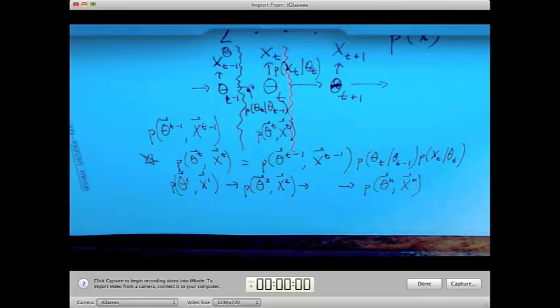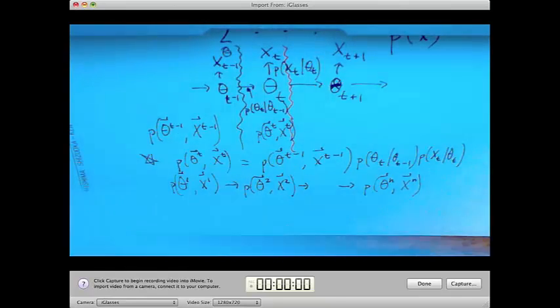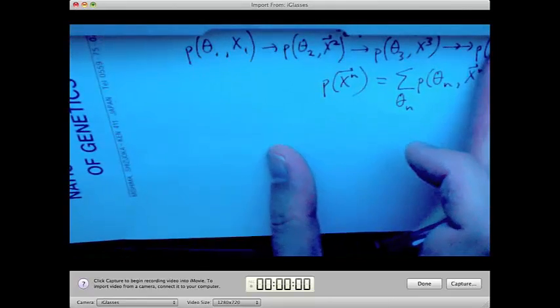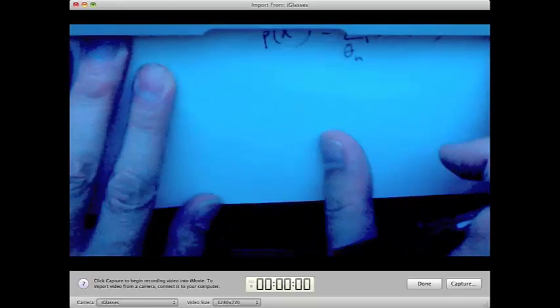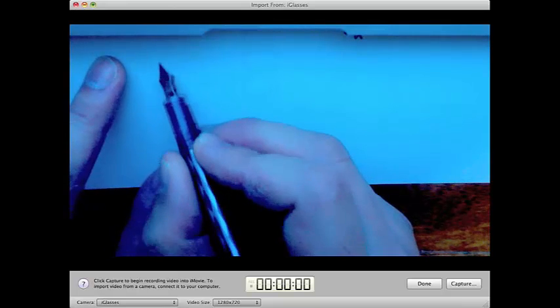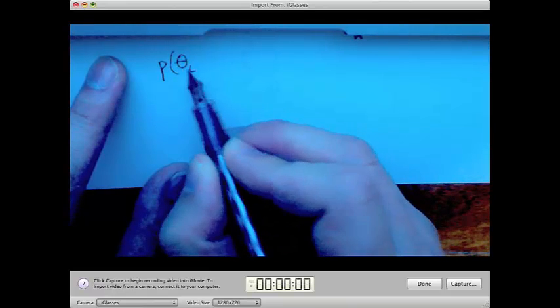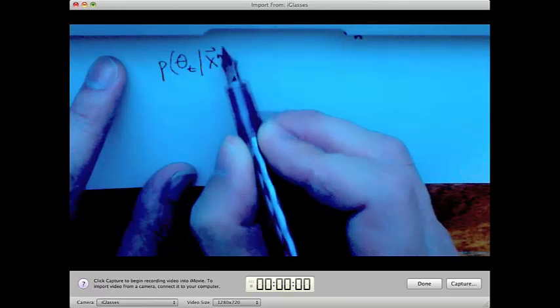So what we really need to do is be able to subdivide the probability, because basically what we've got, we want to get P of theta t given the entire observation vector.